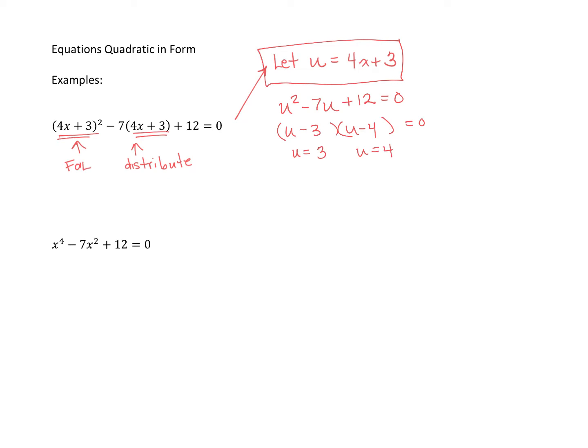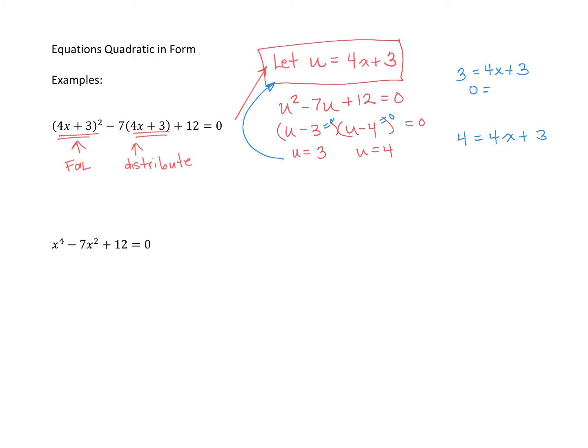All I've done there is set each one of these factors equal to 0. Now keep in mind that was u. So I am going to take these u values and resubstitute. I'm now going to say 3 is 4x plus 3, and also 4 is 4x plus 3.